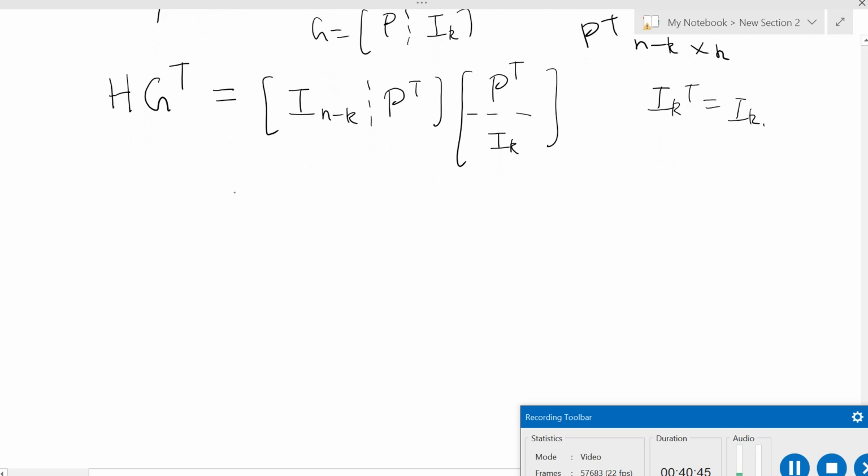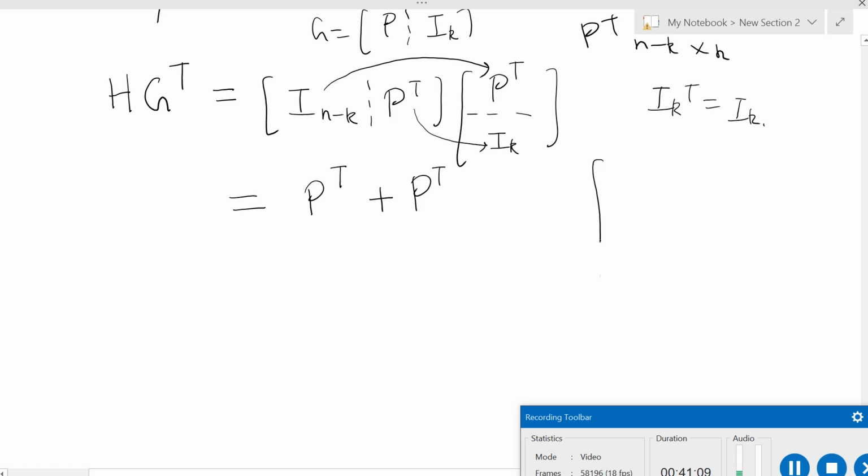Now what will we get? We multiply it properly. I of n minus k times P transpose will be P transpose, plus P transpose times I_k, which will be P transpose, because the identity matrix is just like a 1 in the scalar case. Now what is P transpose plus P transpose?